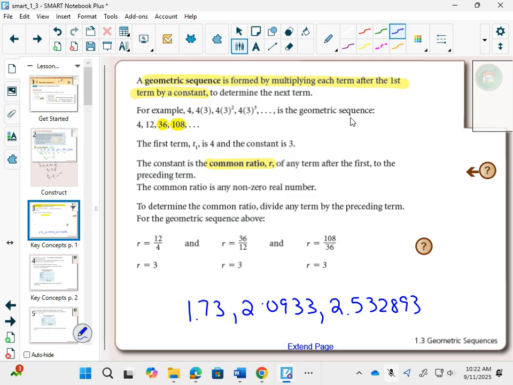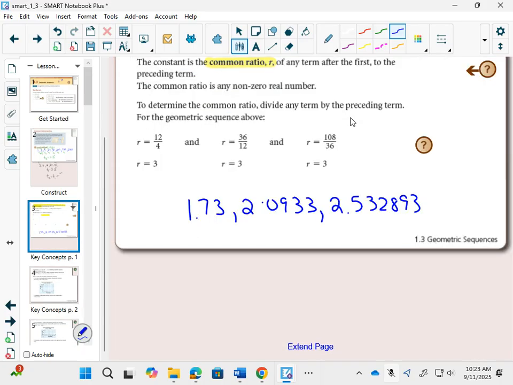It's not easy to see what I'm multiplying by. You would probably have to go to your calculator and take two of them in a row and divide. I was using 1.21. If you took this one divided by this one, you would get 1.21, and the same for the next pair. But it's not obvious, so sometimes when there's decimals, you'll have to use this idea of dividing.